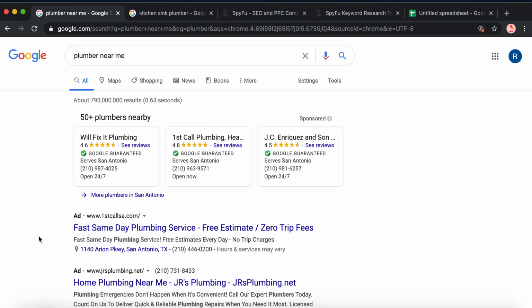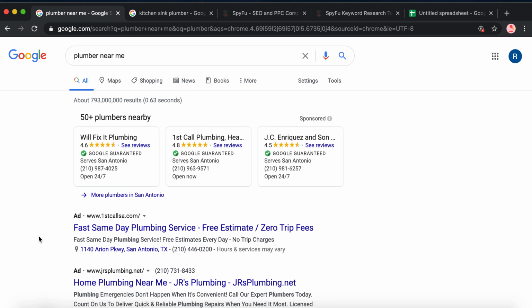We see that there are still ads, but something to note here is that in either of these two ads, you don't see anything about kitchen. What this tells me is that both of these companies are bidding for plumber, and they're bidding for it in a very broad way, which means that anything related to plumbing or plumbers, they'll start showing up.